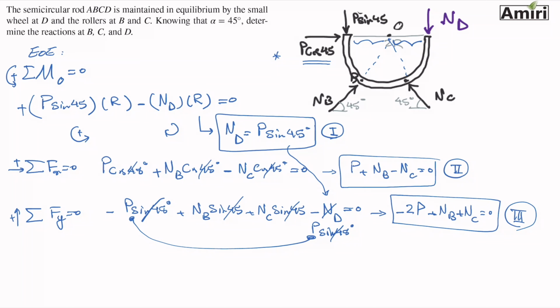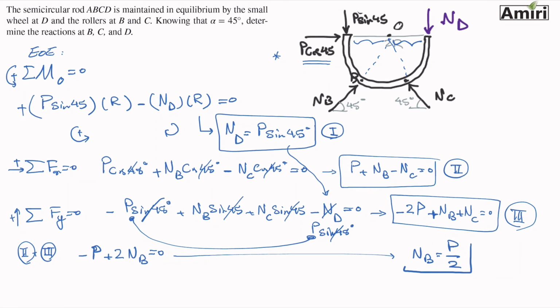All right, let's see what we can do. Between 2 and 3, if I add those two equations together, NC gets canceled, I get minus P plus 2NB equals 0. All right, this one is good because it gives me NB equals half of P. Let's see.